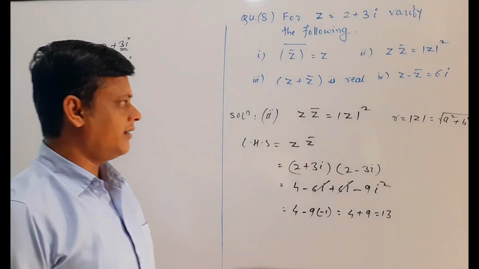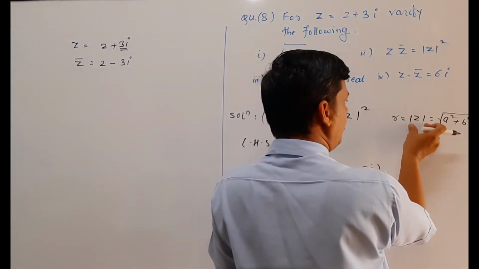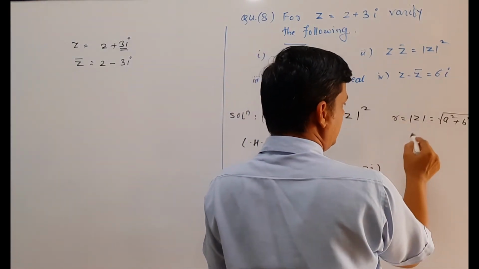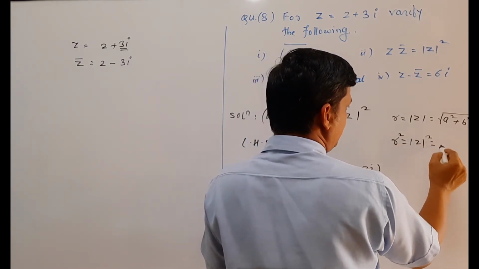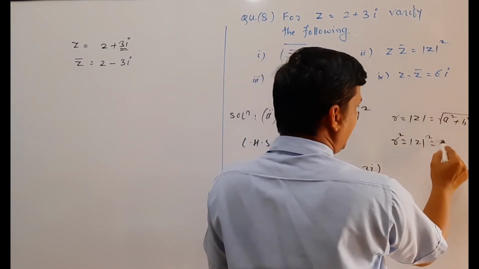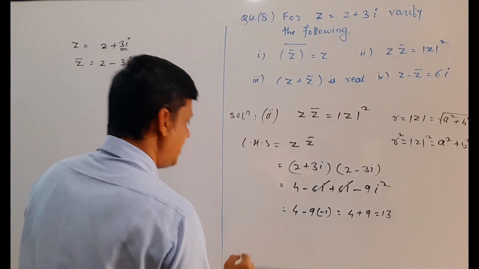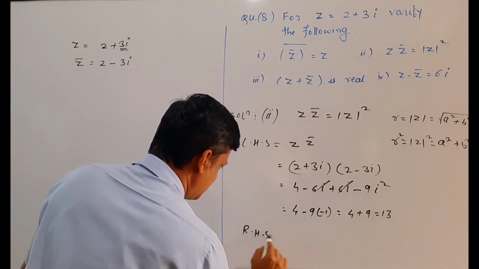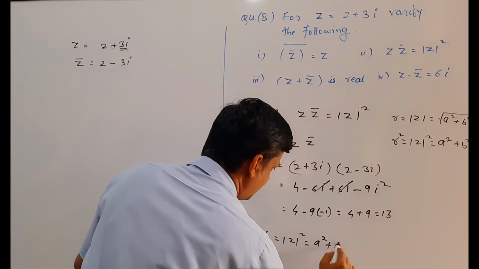Now we have to find the value of RHS. We know the formula for mod of z; we require mod z square. So from this we write r square is equal to mod z square. So square and square root get cancelled. So we write directly a square plus b square. So RHS is equal to mod of z square, which is equal to a square plus b square.